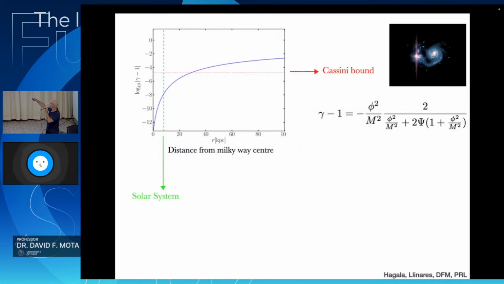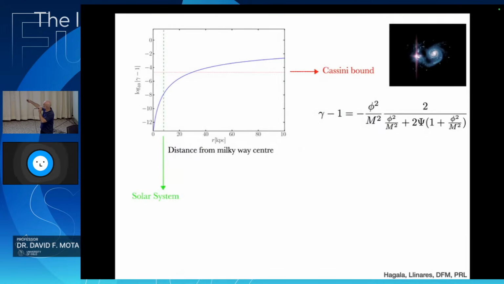If I use, for instance, the symmetron model, my gamma PPN parameter is proportional to phi squared, the gravitational potential, etc. I can plot the profile of my gamma parameter as a function of my scalar field. In the center of the Milky Way, if I assume there's Sagittarius A star, the supermassive black hole, then my chameleon is completely screened near the black hole.